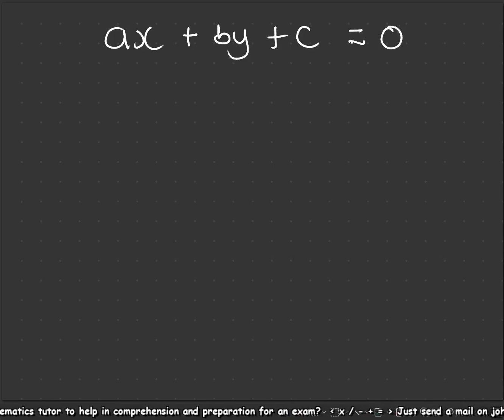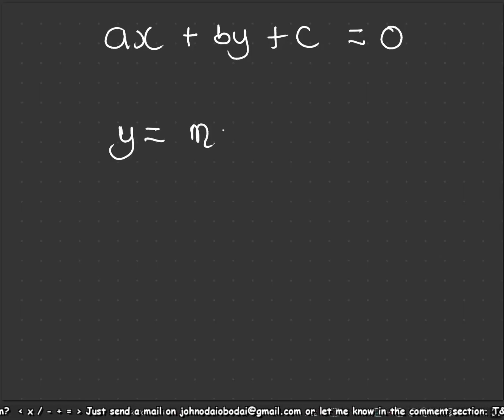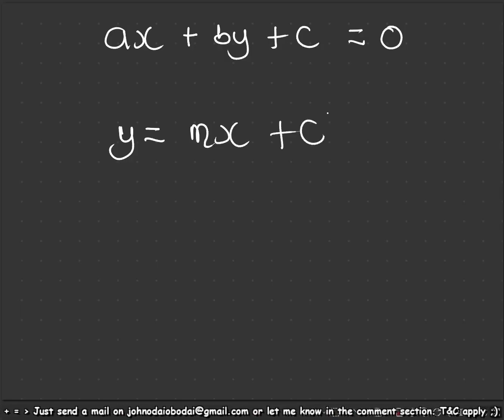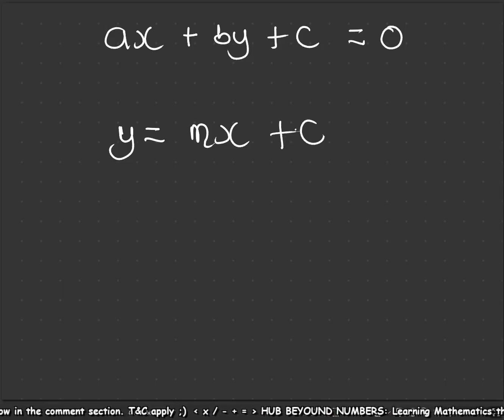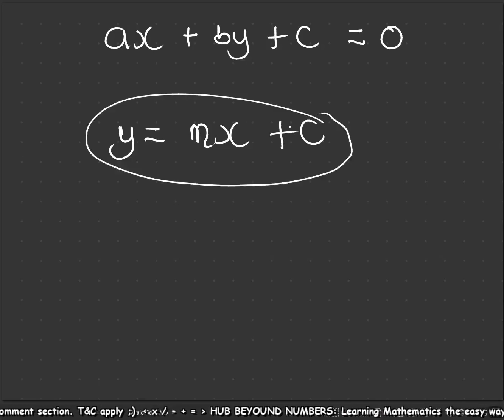The other way of writing it, which we call the slope equation of a straight line, is y is equal to mx plus c. And this is the one that is commonly known. In another lesson, we will go through this and understand what all these are. They are actually the same thing though. But for the scope of our lesson here, we are looking at the slope equation.